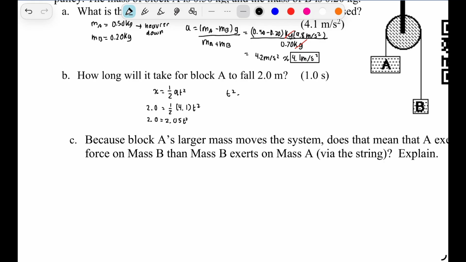T squared is going to equal 2.0 divided by 2.05. T squared is going to equal 0.976, and after you take the root, this is approximately 0.99 seconds, approximately 1 second.